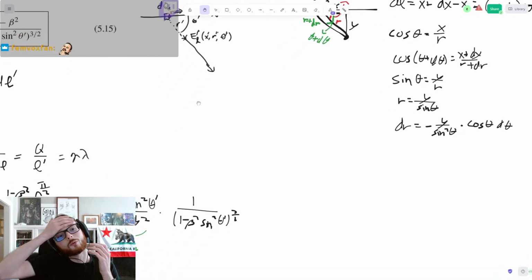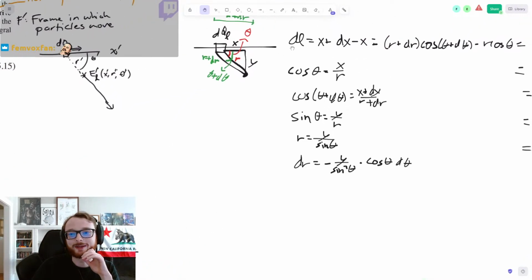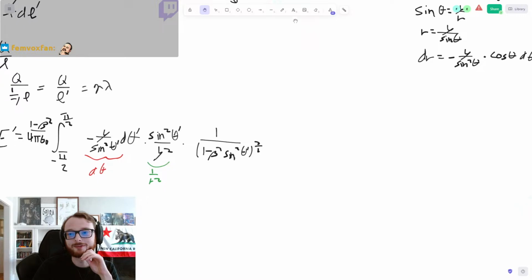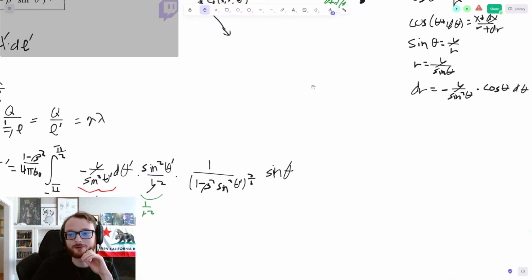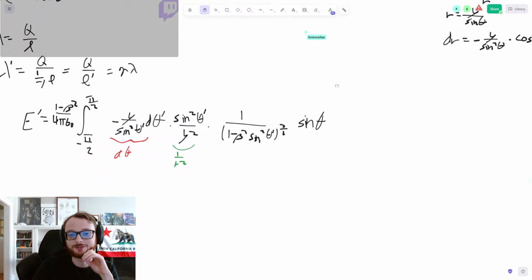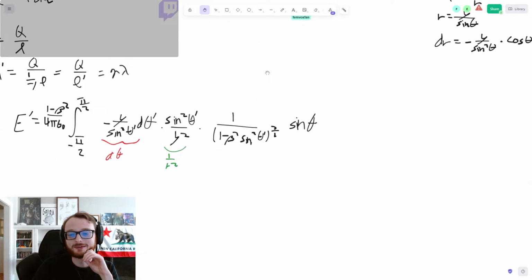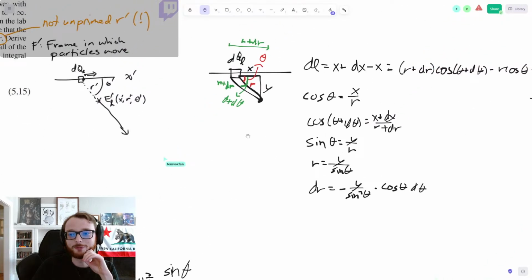It's not about the frames, right? It's about for every little dq charge, there's one on the opposite side of it that cancels the x. So we only expect a vector in the y direction. Sorry that I cut you off. No, it's good.